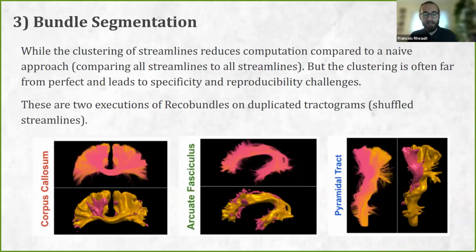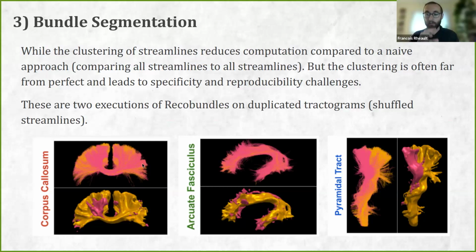However, a limitation in RecoBundles is the clustering step. While it really improved the computation, it's really hard to fine-tune this clustering parameter. The clustering is far from perfect. There is some stochasticity to it that makes it hard to generalize. It has specificity and reproducibility challenges sometimes. This is an example of RecoBundles being run on two sets of identical streamlines.